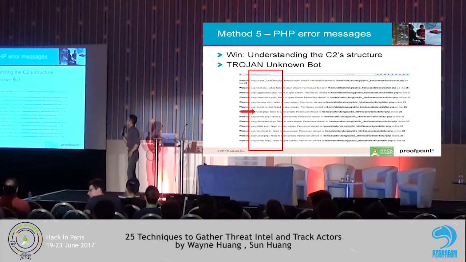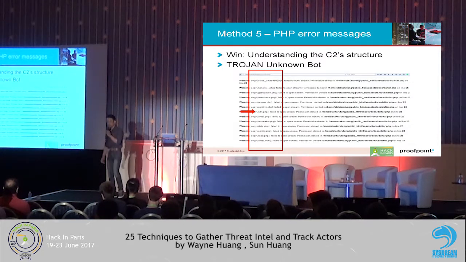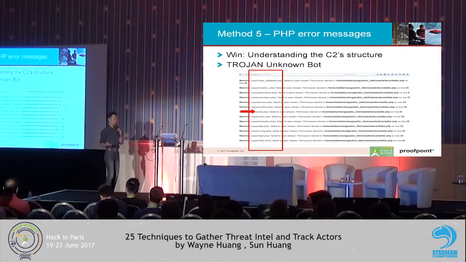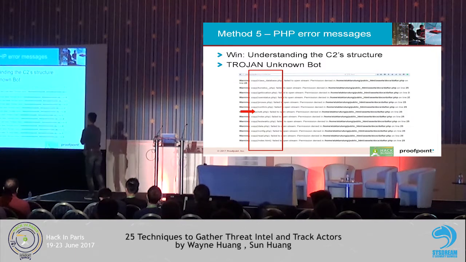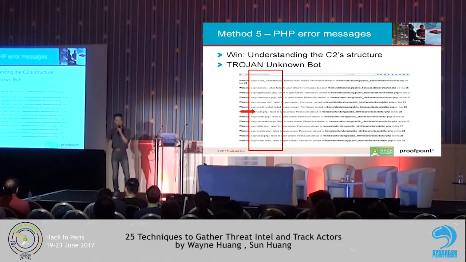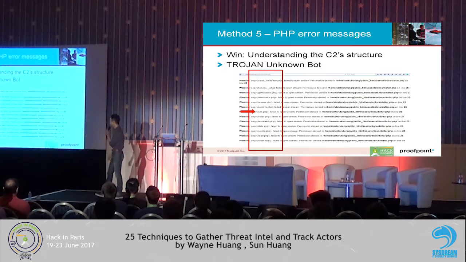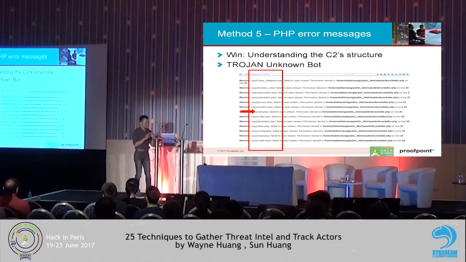PHP error messages, method 5. Some of them leave their error messages turned on, so try to make their PHP script throw an error exception. This is what you get, and it's very useful because you get a list of file names. For this one, this is called unknown bot. It's a backdoor.